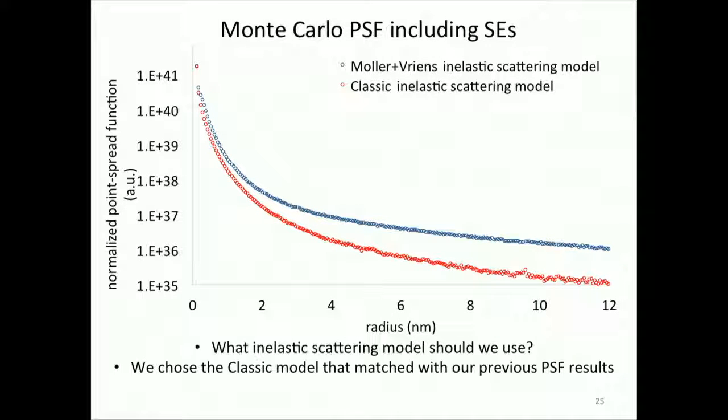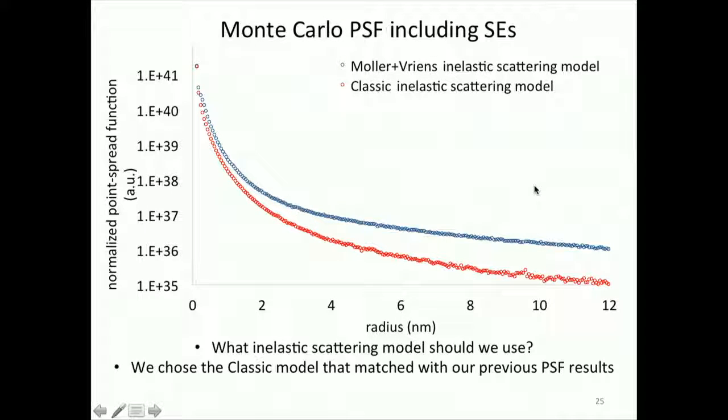And a basic question is, what kind of model should we use to understand how secondary electrons deposit energy inside the resist? So here we plotted the PSF using, in red, the inelastic scattering model in Murata's paper. And we also chose to model the PSF using the Moeller plus Vriens inelastic scattering model in blue.